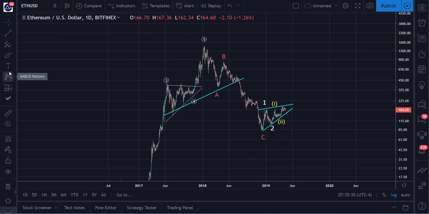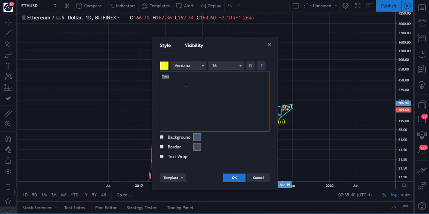Then if we have yellow 1, yellow 2, we have yellow 3 going on. And this wave 1, and let's make it in blue, smaller in size because it's a subwave.